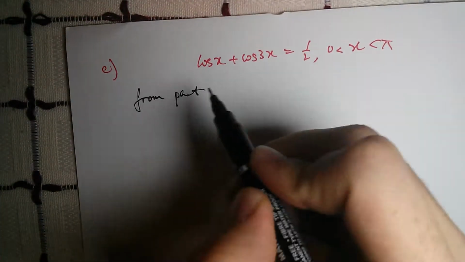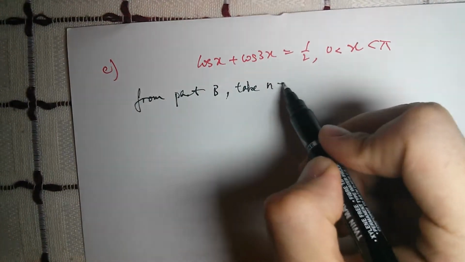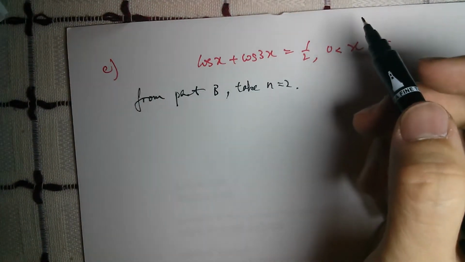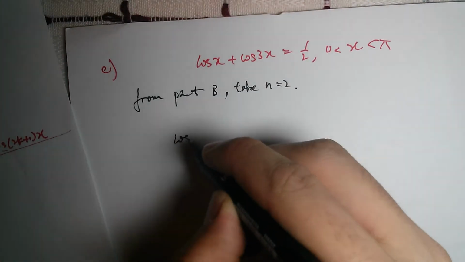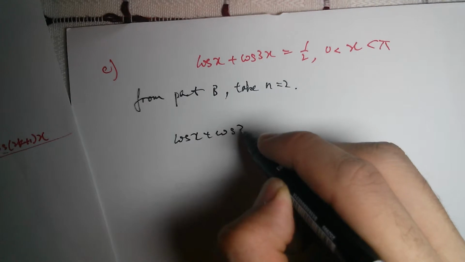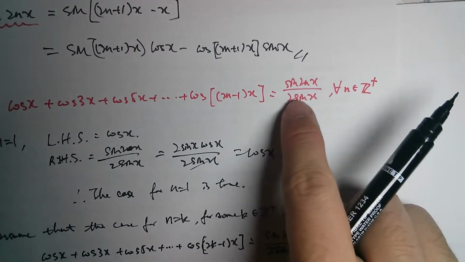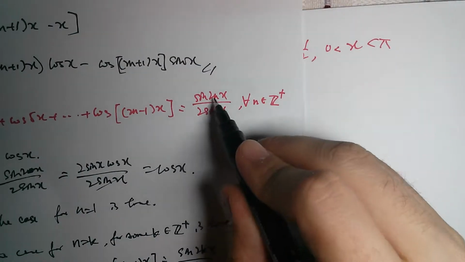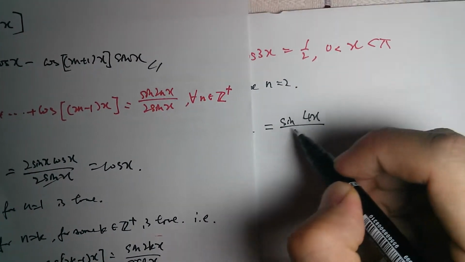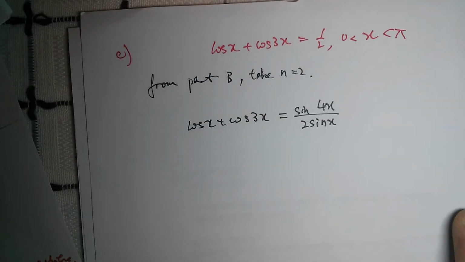Therefore, from part B, take n to be 2. Therefore, by the induction part, we have cosine x plus cosine 3x equal to sin 2nx over 2 sin x. So n is 2, so sin 4x over 2 sin x.